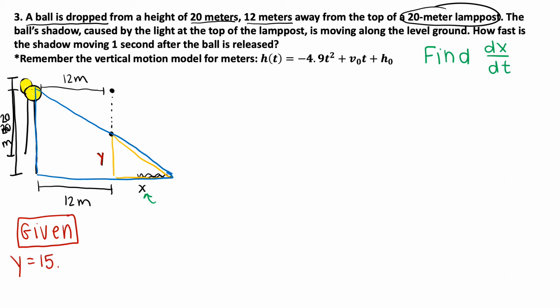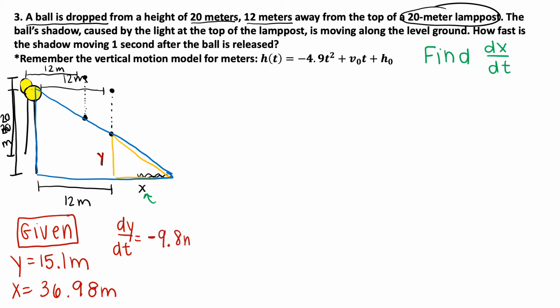So I'm going to imagine that I went 12 meters over and then I dropped a ball. I don't know where it is. Let's imagine it's there. And then we're looking at the ball's shadow. So we have to imagine the ball's shadow is like out here somewhere.